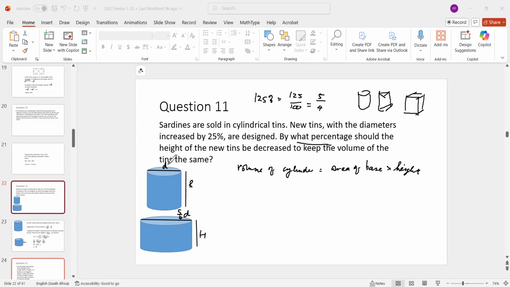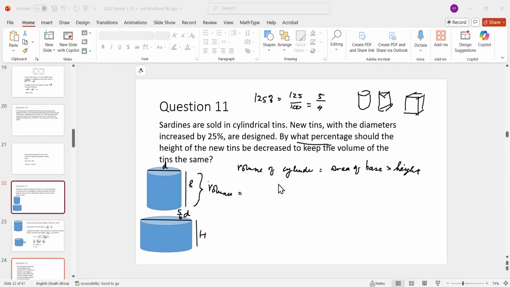So in the cylinder, the area of the base, now let's see what the volume here is. Now, the base, the area of the base is a circle, and the area of a circle is pi r squared.